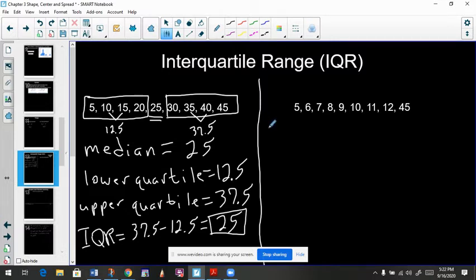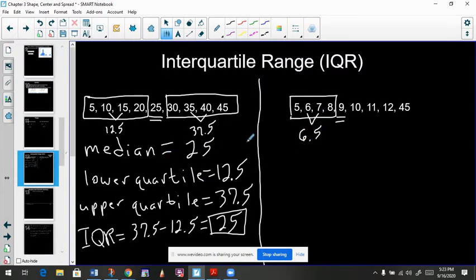So we're going to go through the same process: median, lower, and upper quartile. I'm going to find the middle number. It's 9. 4 numbers above it, 4 numbers below it, puts it in the middle. I'm going to go to my lower half, all the numbers less than the median. 2 middle numbers, I average them.